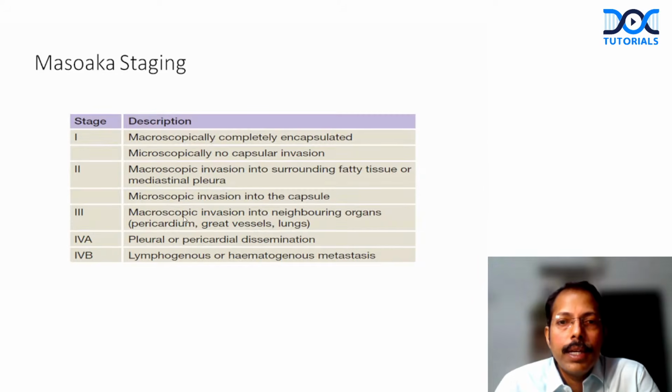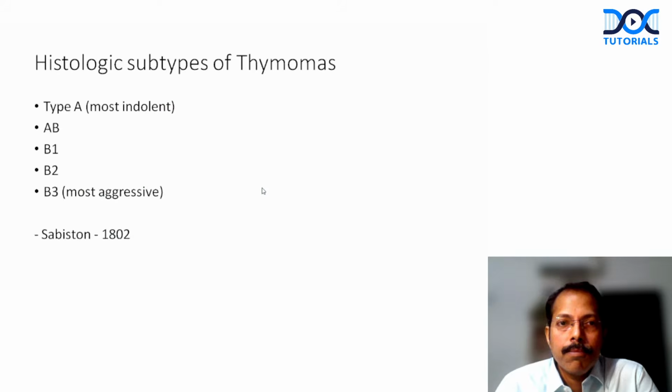Stage 3, it has invasion potential, invading the pericardium, great vessels, or the lungs. Stage 4A, there will be dissemination into the pleural or pericardial cavity. Stage 4B, even though it is invasive thymoma, there is a tendency of malignant potential in it. There may be lymphogenous or hematogenous metastasis.